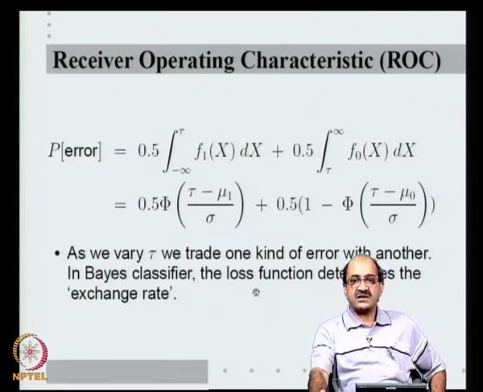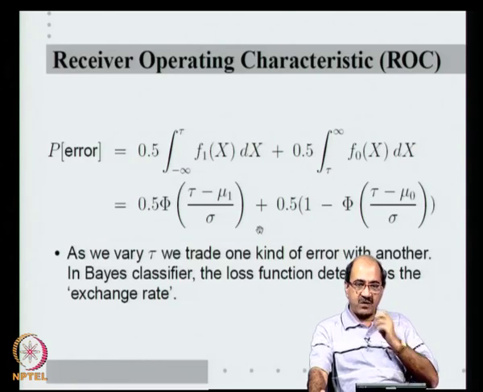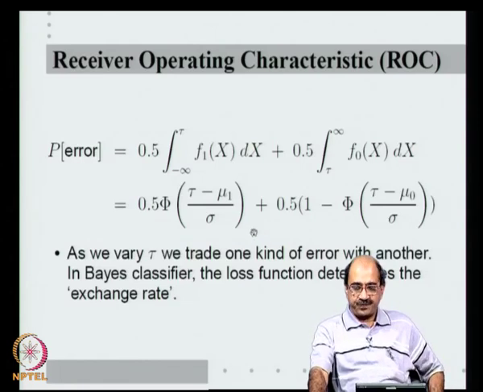So, the base classifier is one way in which I can fix tau, and as we said, tau allows you to trade one kind of error with another. In that sense, we can say the loss function defines the exchange rate between the two kinds of errors. Okay. That is one way of trading off.